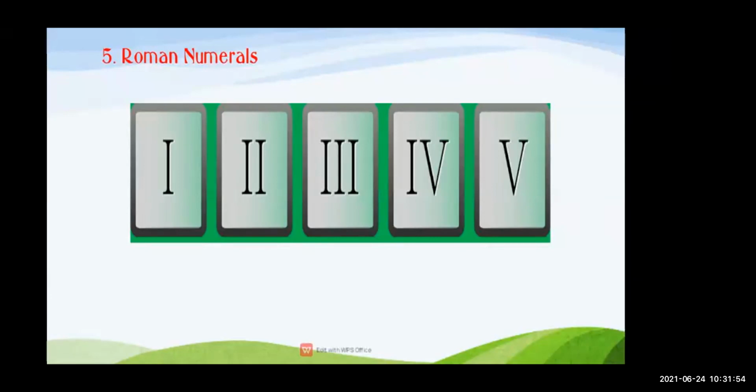Next, I I. Very good, I I means 2. And I and V means? Very good, I and V means 4. Here we have cleared the concept of 5 Roman numerals.